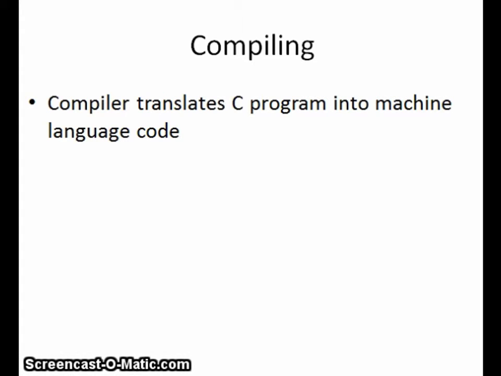As we discussed in our computing fundamentals course, all processors execute machine language code, which is also called binary code. So the compiler converts our instructions, statements or expressions into machine language code.